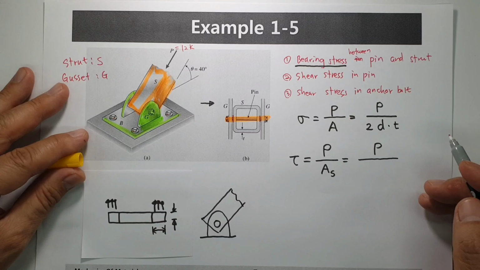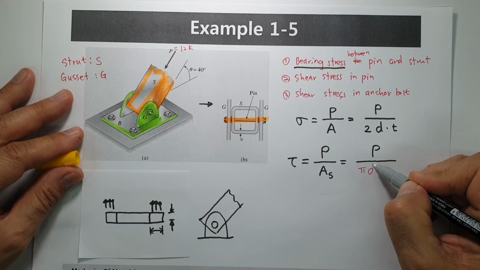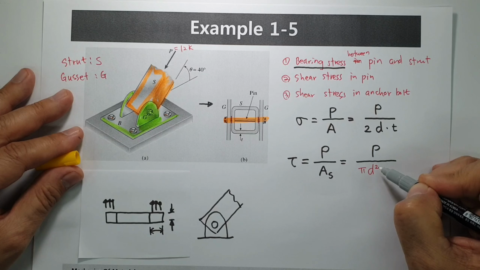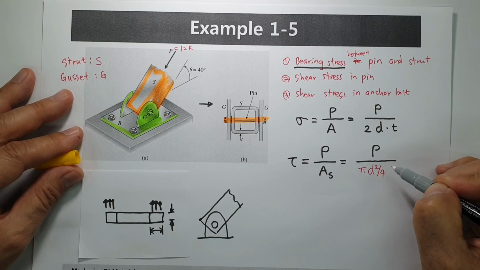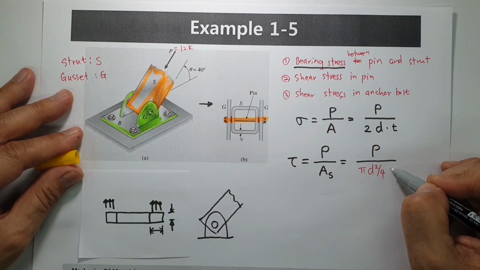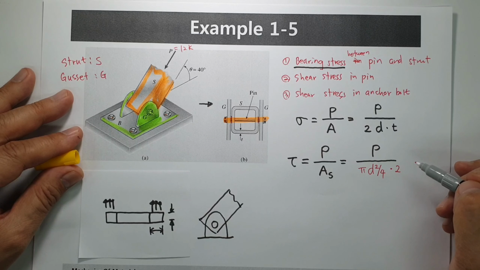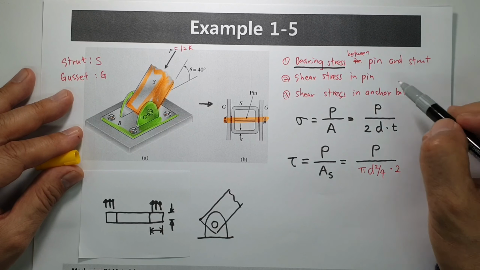The area is what? Pi d squared over 4. Then the cross-sectional area is multiplied by 2. That's the shear area. Then we can find the shear stress in the pin.